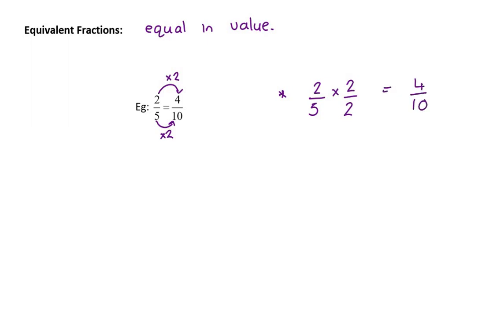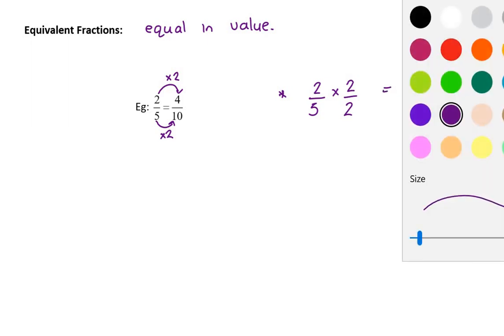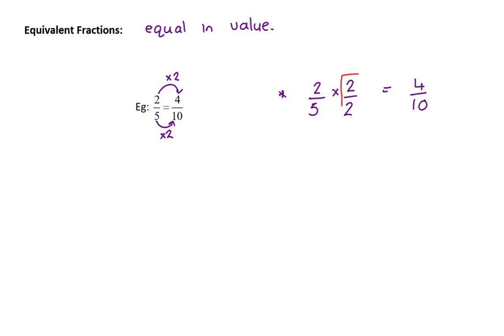Now, why does this mean they're equivalent? Well, what is 2 divided by 2? 2 divided by 2 is 1. So basically, you're taking a fraction and effectively multiplying by 1. And when you multiply anything by 1, we all know that it stays exactly the same.